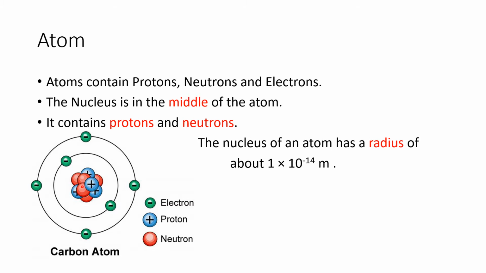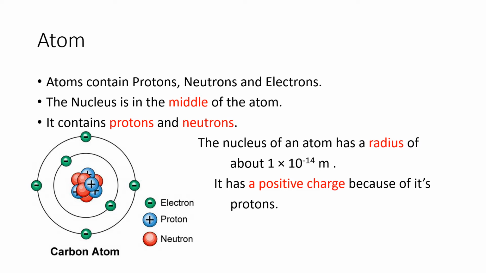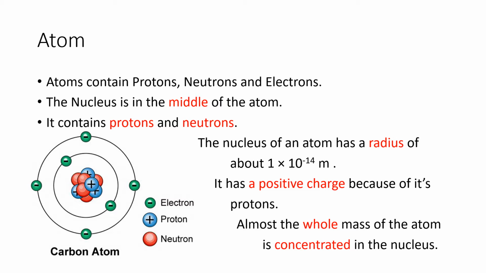The nucleus of an atom has a radius of about 1 × 10⁻¹⁴ metres, or in other words, it's extremely small. It has a positive charge because of its protons. Protons are positively charged, and neutrons are neutrally charged, hence the name neutron. Almost the whole mass of an atom is concentrated in the nucleus.